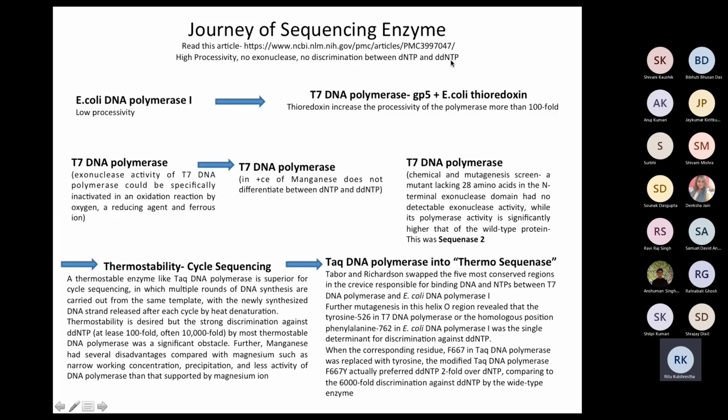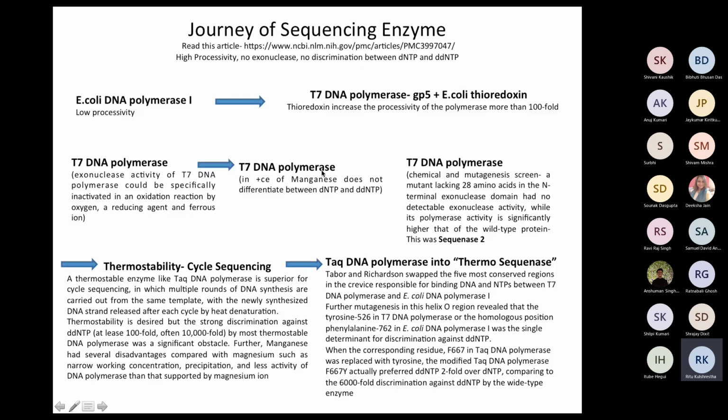The problem with the E. coli polymerase was that it was highly discriminating between dNTP and ddNTP. But it was realized that T7 DNA polymerase did not differ much between these two. So whether dNTP or ddNTP comes, it was able to incorporate it much better as compared to E. coli DNA polymerase.